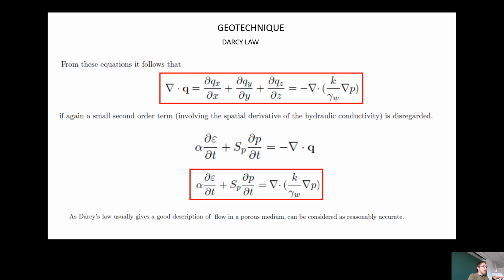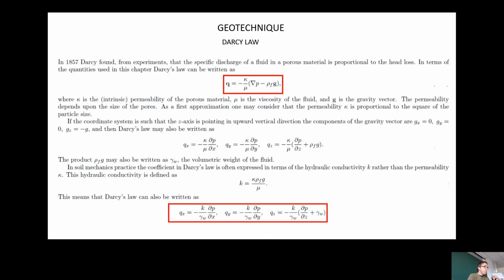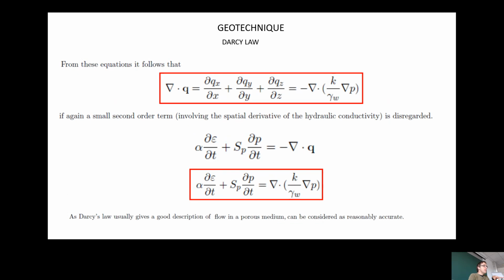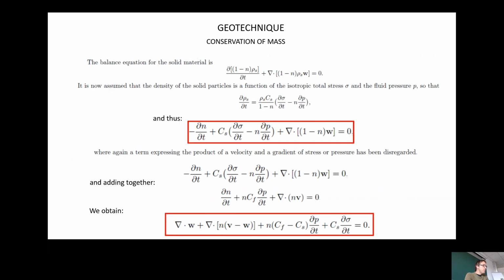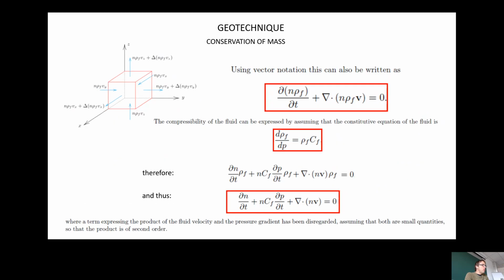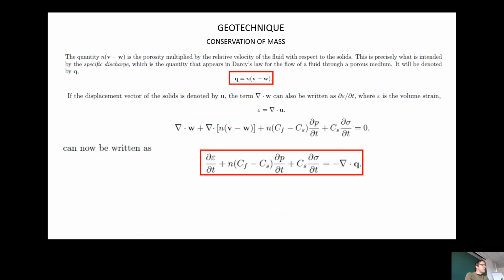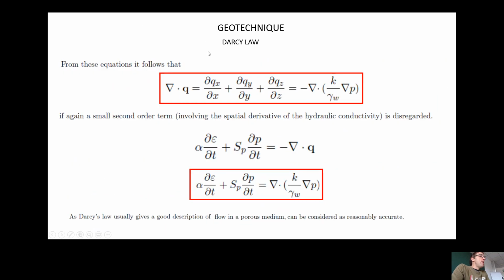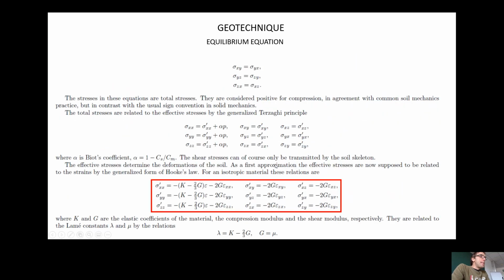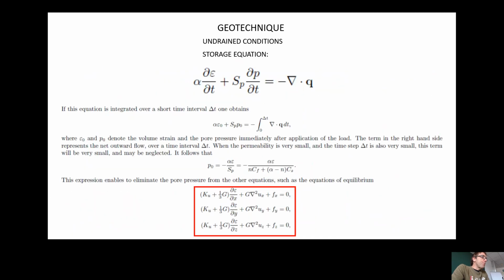Here we called SP, where it was here, so let me see, one second, where SP was defined. Here, see, n Cf plus (alpha minus n) Cs. Let's go back.